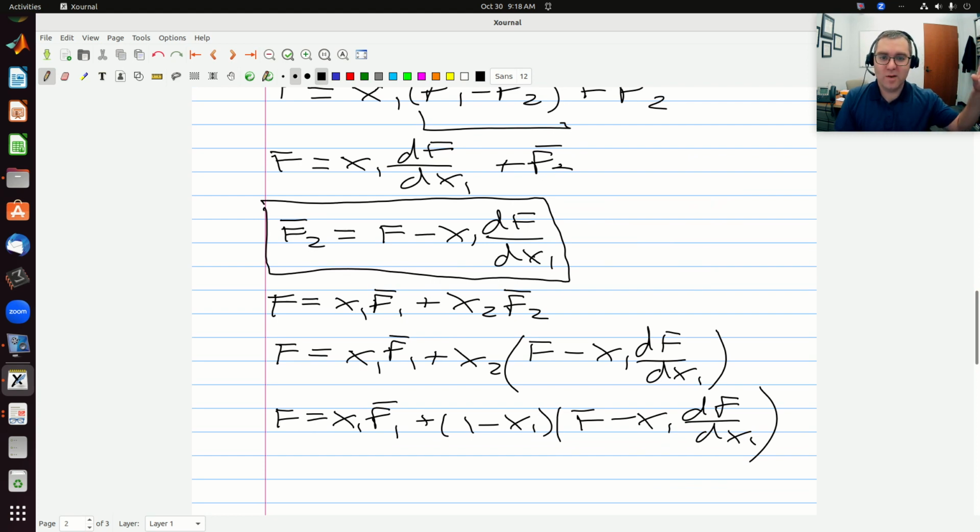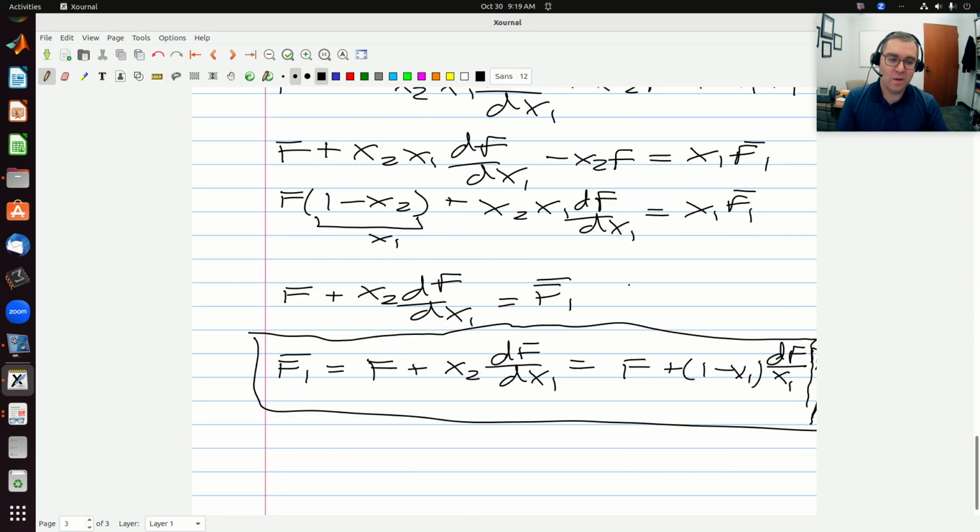I would still need to replace x2 with 1 minus x1 in that expression that we started with, but now I just have an expression that only involves derivatives with respect to composition, which would hopefully make things simpler in terms of calculating and evaluating.